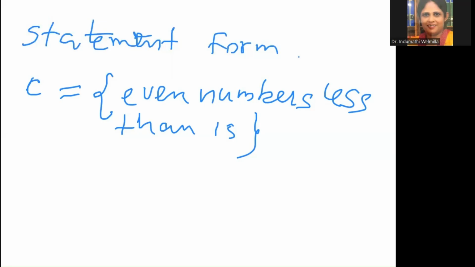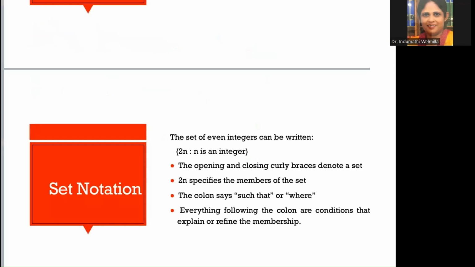So now you also know the differences among these three methods. Next, I will move to your lecture notes.